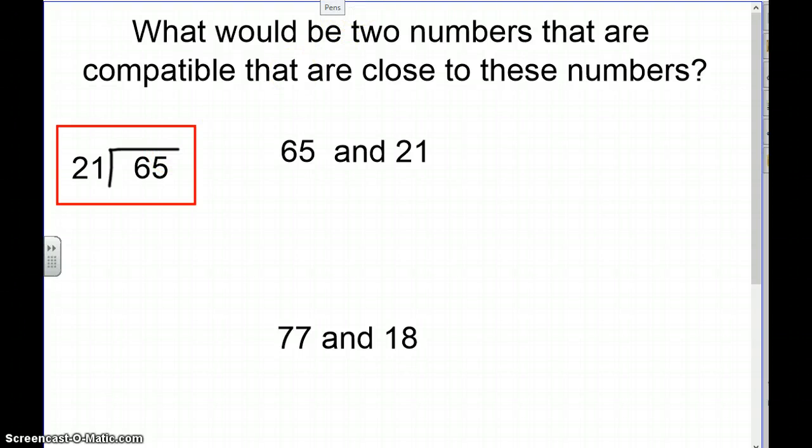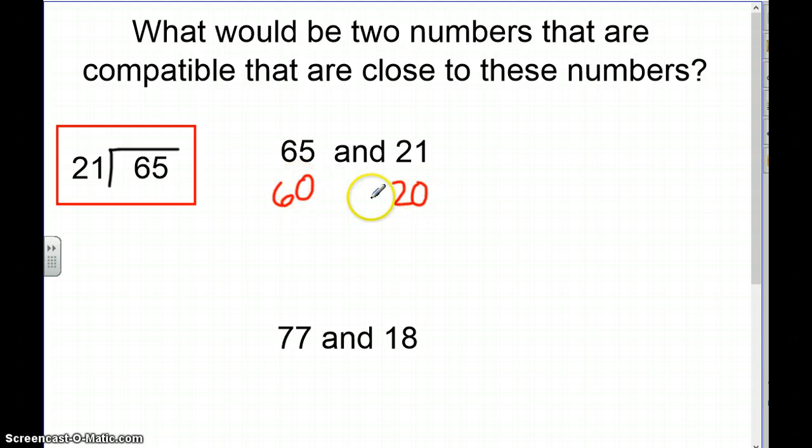So we want to think of numbers that are close to 65 and 21 that can evenly be divided, okay? So in my head, I'm thinking right now, 65 is really close to 60, and that's a nice friendly number, right? And 21 is really close to 20. So these two are compatible numbers.